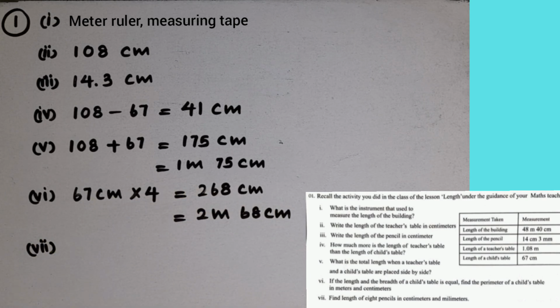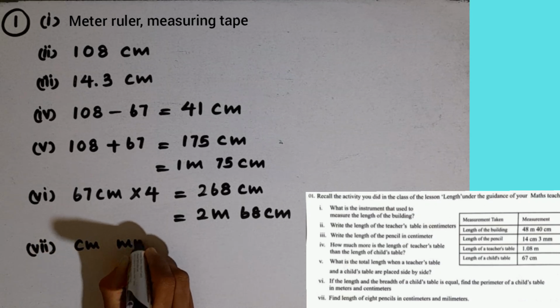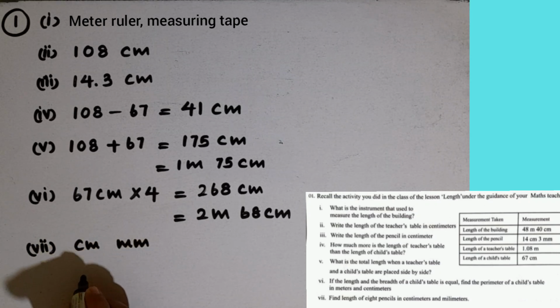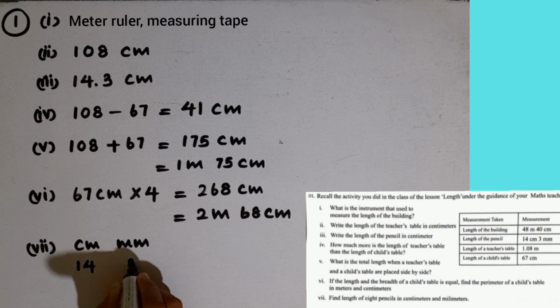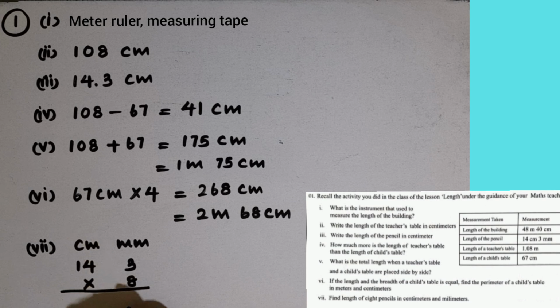Part 7. Find the length of 8 pencils in centimeters and millimeters. The length of a pencil is 14 centimeter 3 millimeter. This should be multiplied by 8. 8 times 3, 24. But we can't keep 24 in millimeter side.